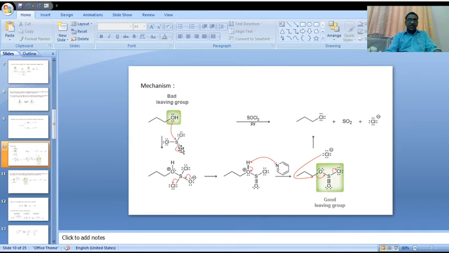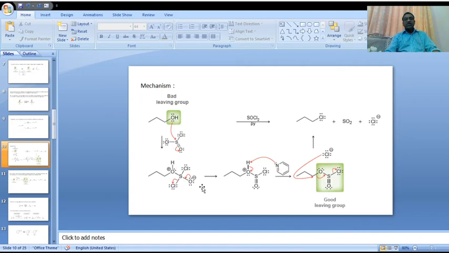Immediately the pi bond between sulfur and oxygen cleaves. This oxygen atom gets negative. And the hydroxy group oxygen loses electron density, so it gets a positive charge.